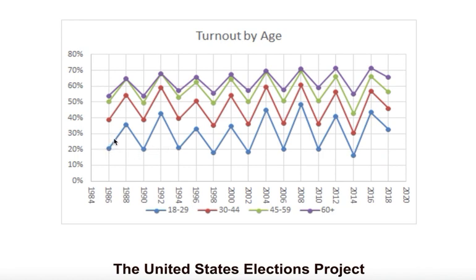So this blue is the 18 to 29-year-olds. As you can see, we had a peak in 2008, and a lot more people showed out. As you can tell, 60 plus are showing out closer to 70%, where younger generations are hovering more around 40%.